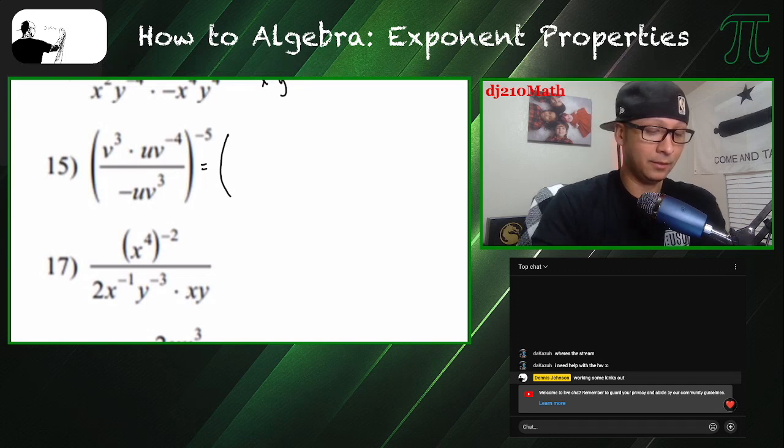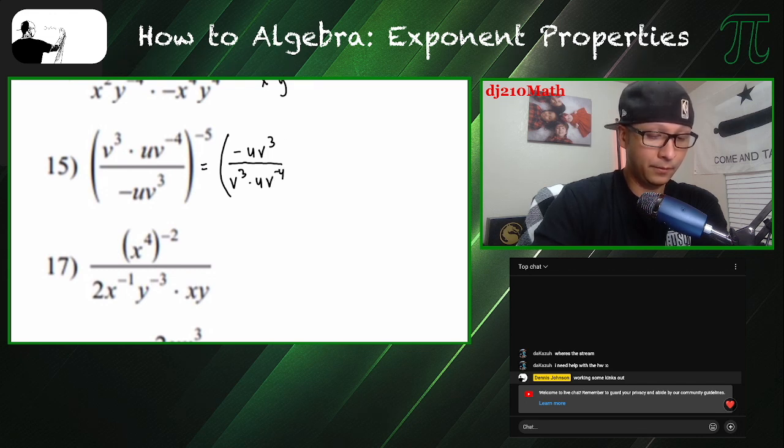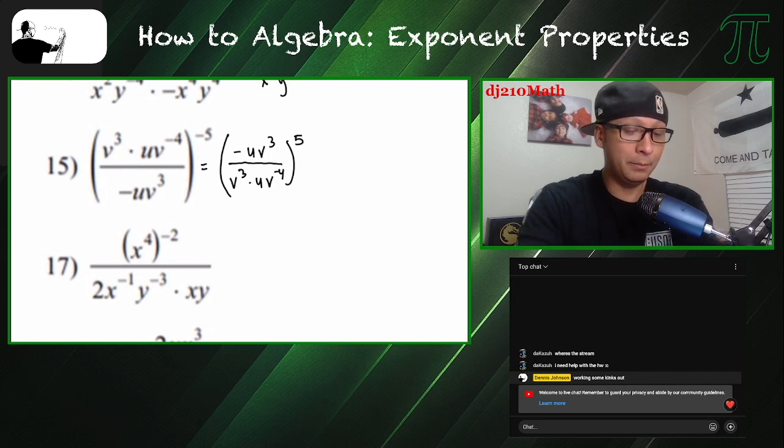So negative u v cubed over v cubed u v negative 4, all to the 5th power. All right, it flipped, and we lose the negative sign.